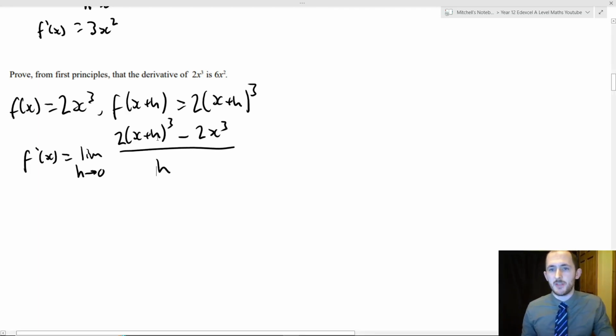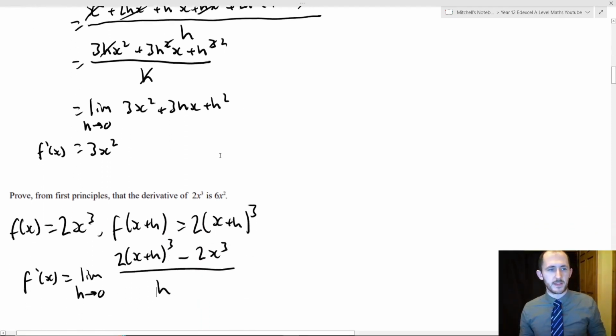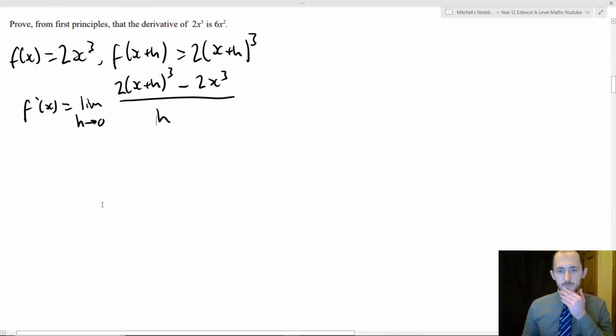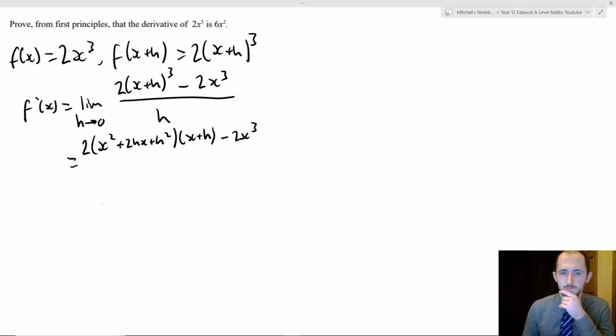We can kind of cheat because we just did x plus h cubed, right? But let's be a bit authentic and let's actually do it again. So we have 2x squared plus 2hx plus h squared times x plus h, minus 2x cubed over h.